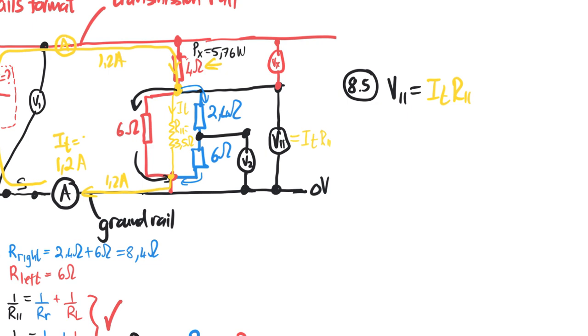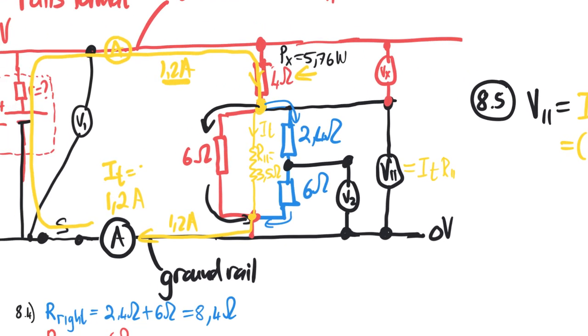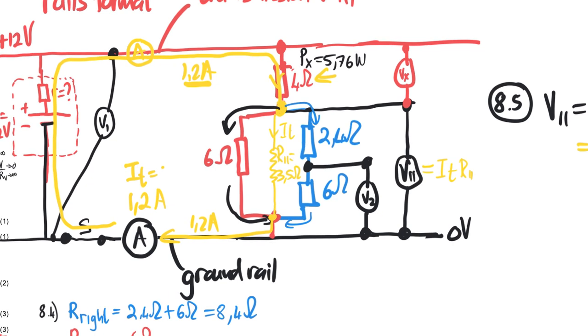I total is 1.2 amperes, and R parallel we worked out as 3.5 ohms. I'm a great believer in actually solving this visually. You look at your diagram. That's why I've invested time in the diagram. I can see there's 1.2 amperes flowing through 3.5 ohms.